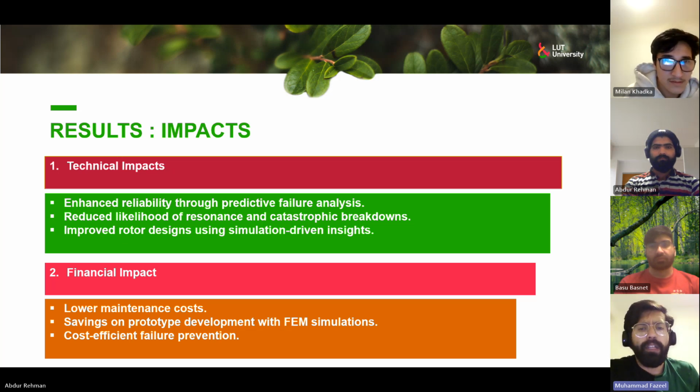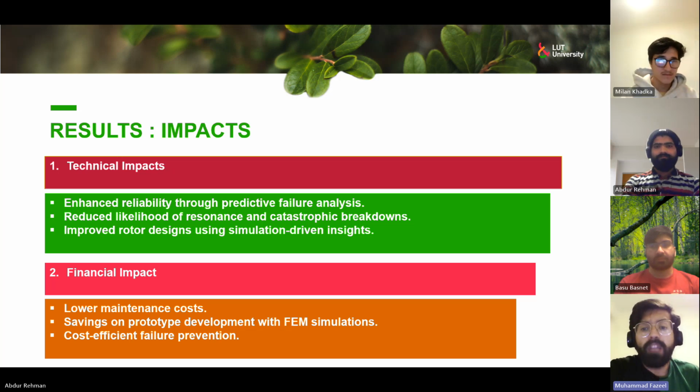Finite element method analysis has significantly improved the technical reliability of high-speed rotors. By utilizing predictive failure analysis, engineers can identify critical stress points and address them during the design phase, thereby enhancing the system's overall reliability.